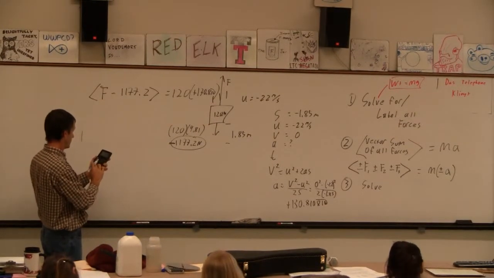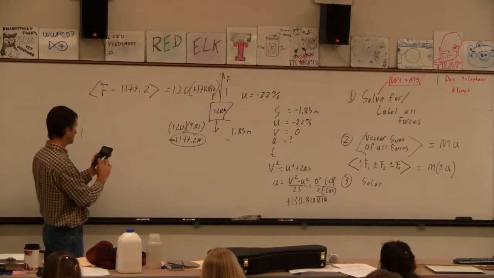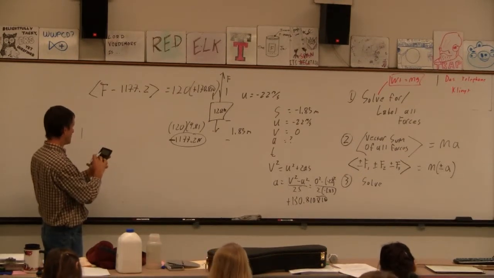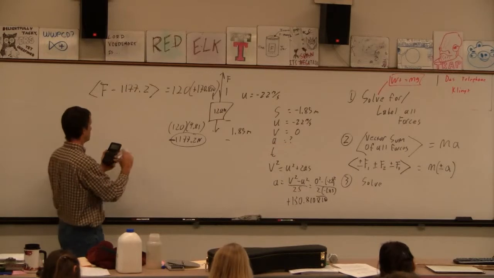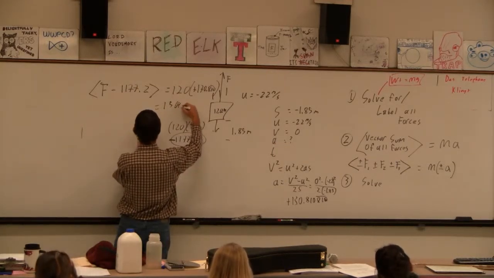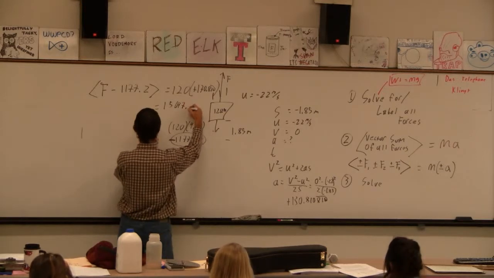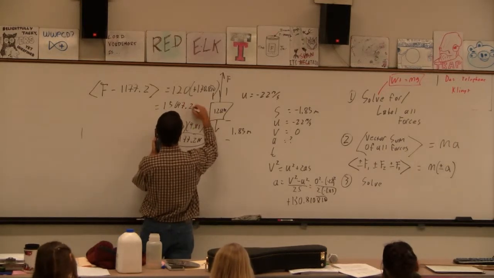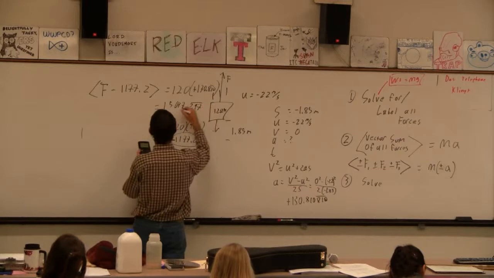So 120 times a. And then this one's a repeater too. It's 297, 297. Right?